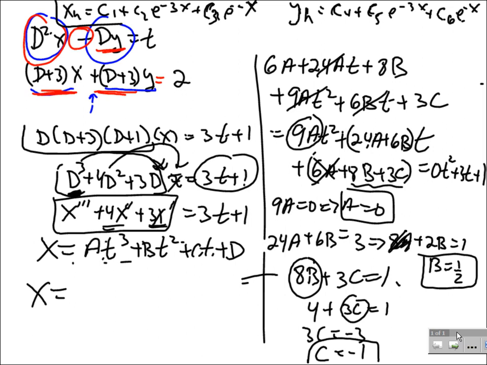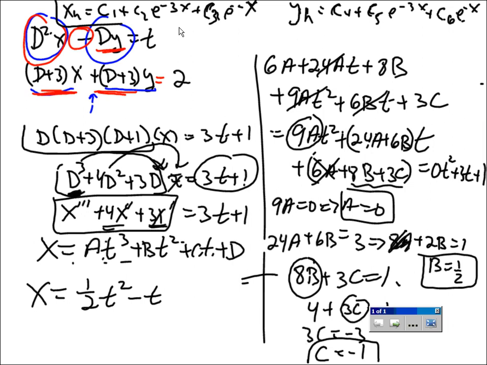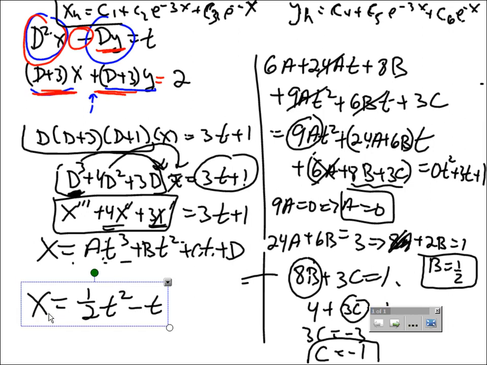x is 0t squared, or 0t cubed, plus a half t squared minus t. Now we can say what x general is. That was x particular.